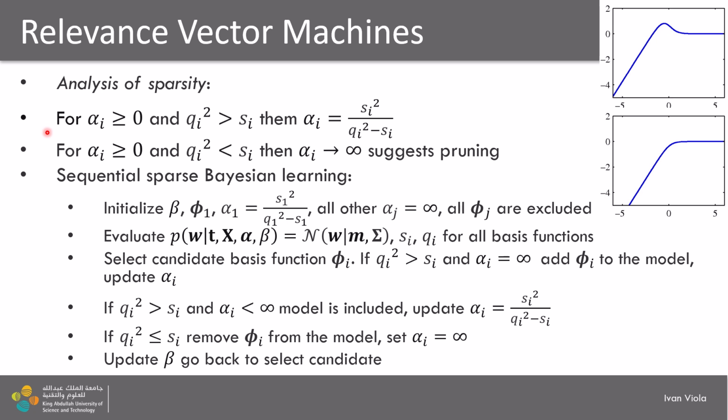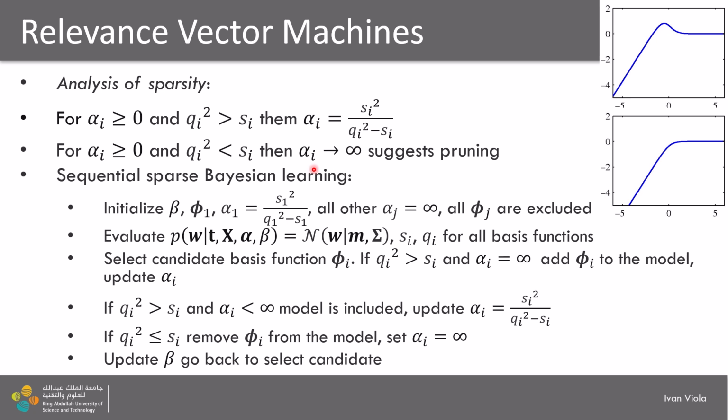And then if our alpha I is bigger than 0, but we do not have the Qi squared bigger than Si, but the opposite, then we will see that the biggest lambda will be for alpha I at infinity, and this suggests pruning.